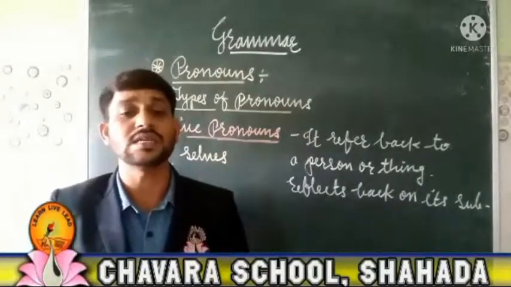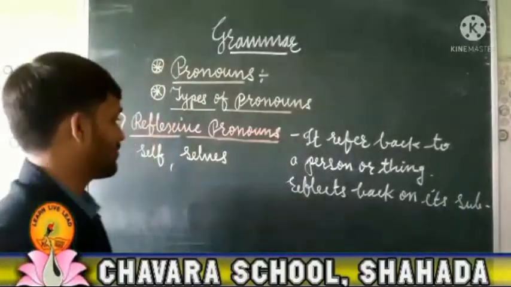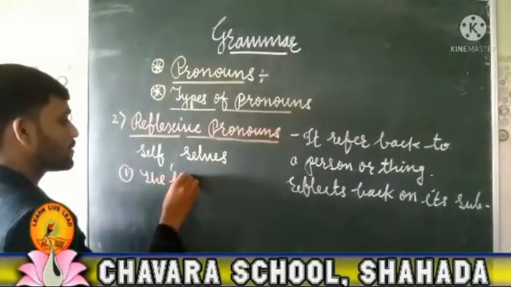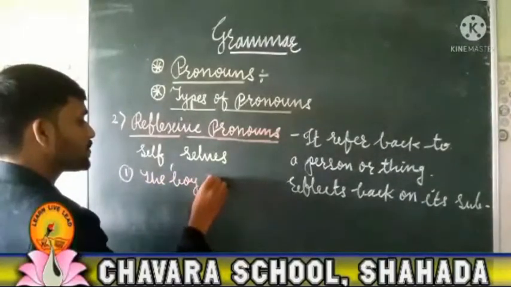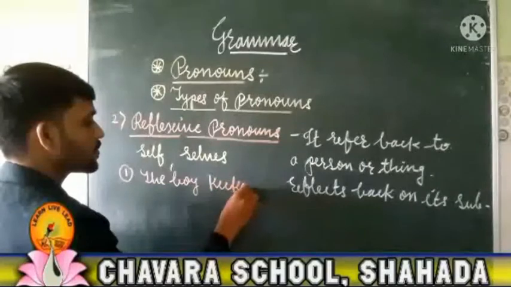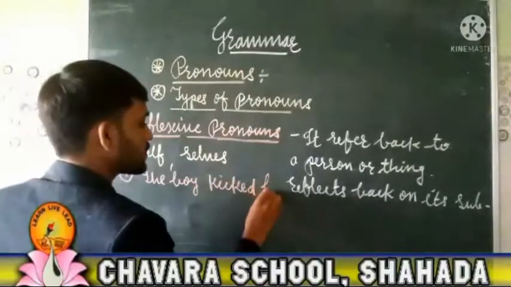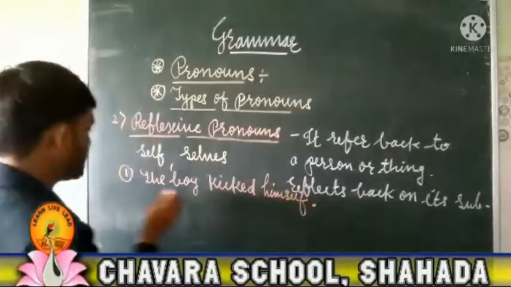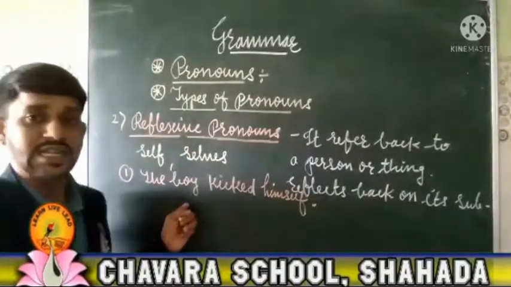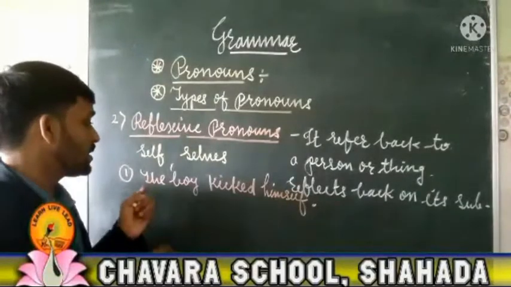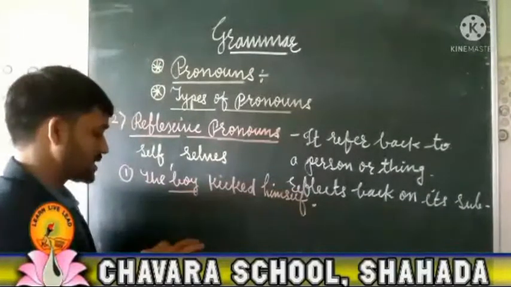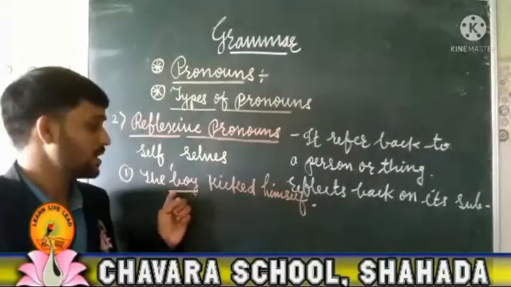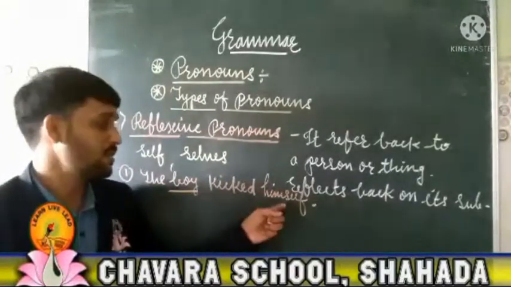Let us see examples. The boy kicked himself. This is a sentence. In this sentence you can understand that boy is the subject.